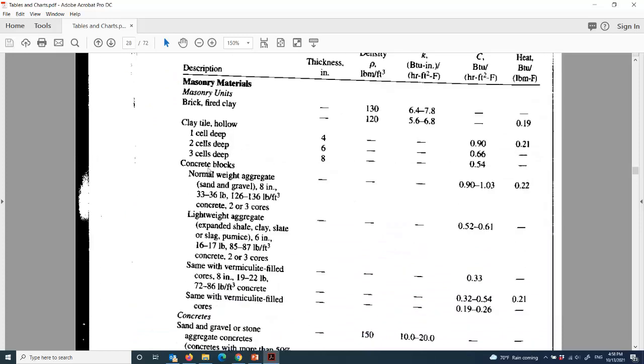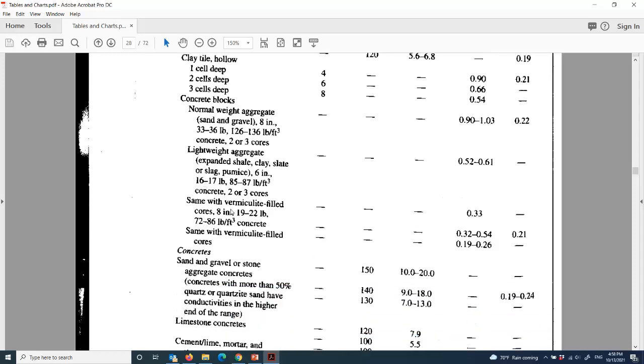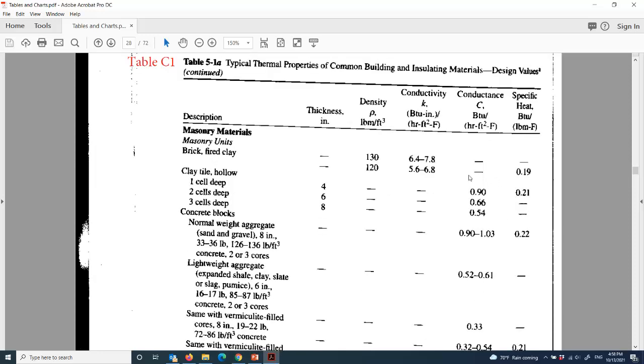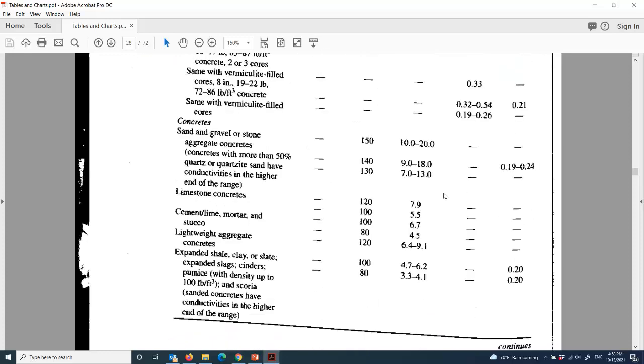You have concrete blocks with 3 different weights: normal, lightweight, and filled core, 8-inch, etc., with those U values. If the U value, or the R value, or even the conductivity is given as a range, we're going to take the average of the numbers.